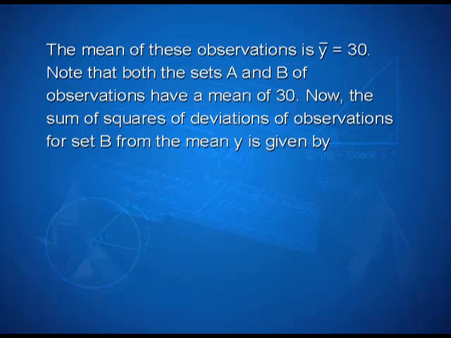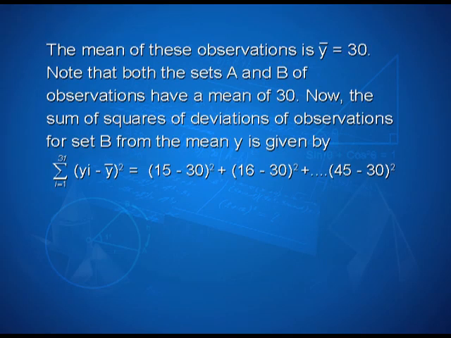Now, the sum of the squares of deviations of observations for set B from the mean y is given by summation i varying from 1 to 31 of (yi minus y bar) whole square, which can be calculated as (15 minus 30) whole square plus (16 minus 30) whole square and so on for all the values up to (45 minus 30) whole square.